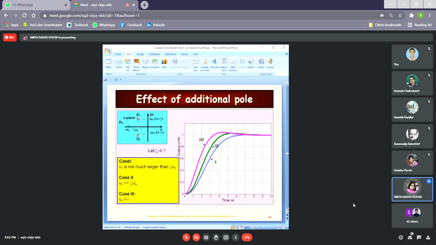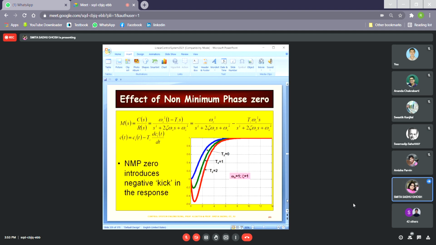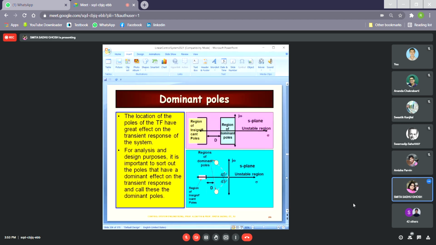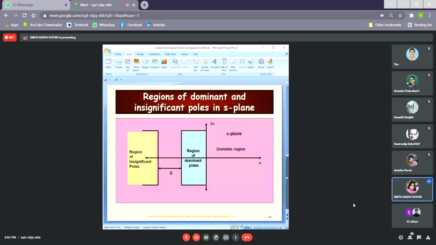Which one is larger indicates whether the response looks almost like an exponential response, or almost like the second order sinusoidal response, or somewhere in between. Okay, so that was the additional dominant touch.